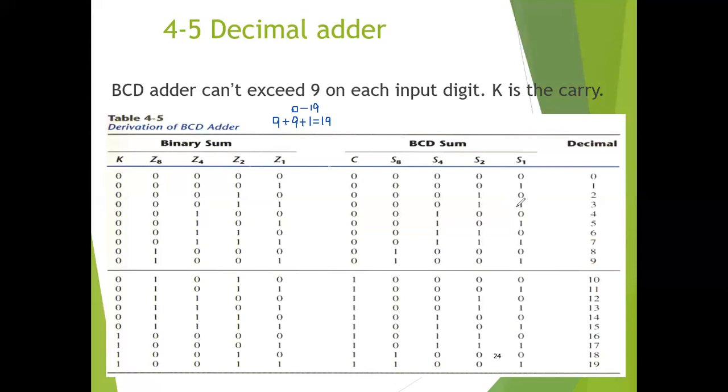When the binary sum is greater than 1001, we obtain an invalid BCD representation.